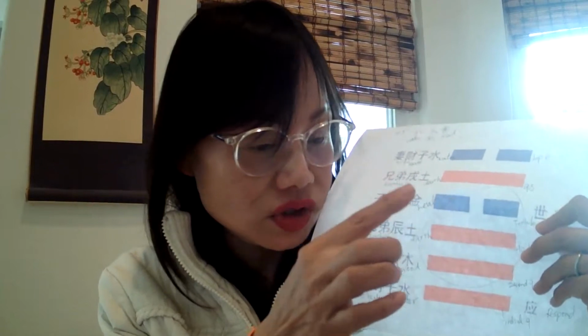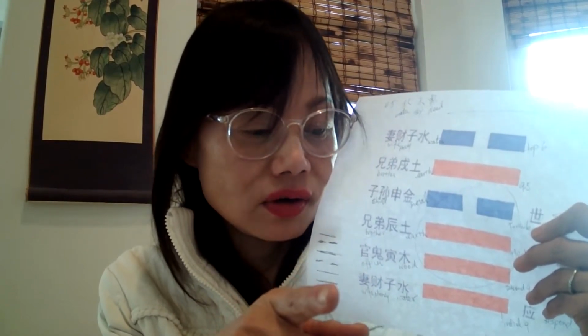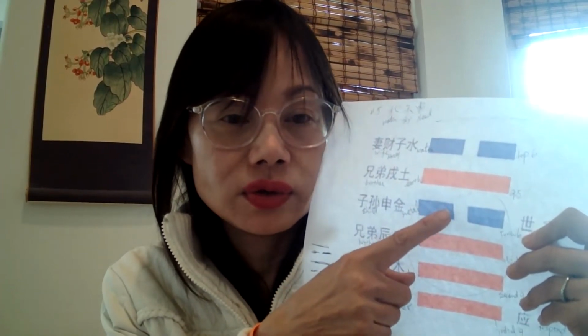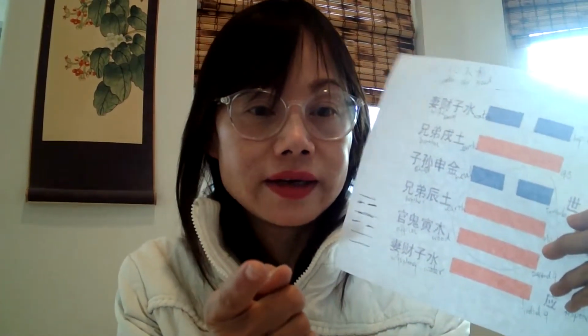The fourth changing, if the fourth is changing, you have an option. You keep quiet, be okay. If you do not keep quiet, you proceed, and you don't keep quiet, you will have bad things happen to you. So if this one changes from yin to yang, you need to be quiet.